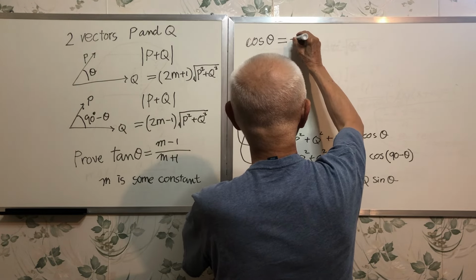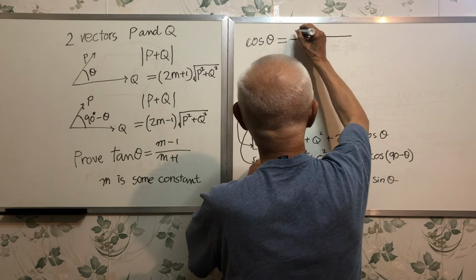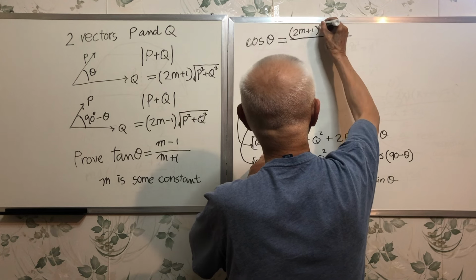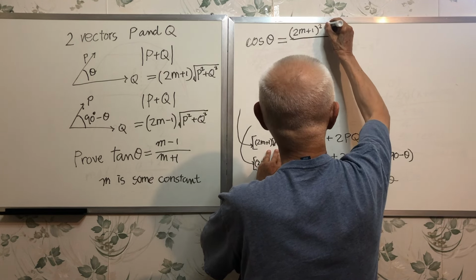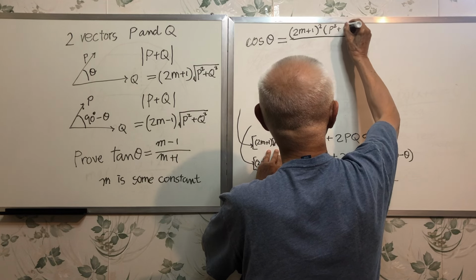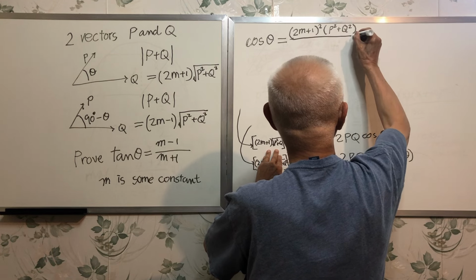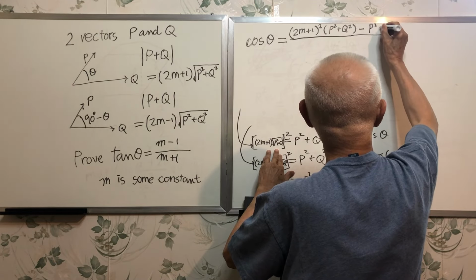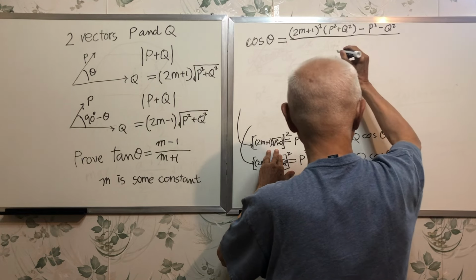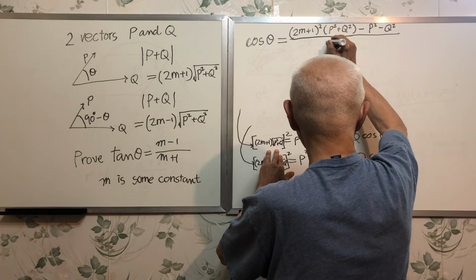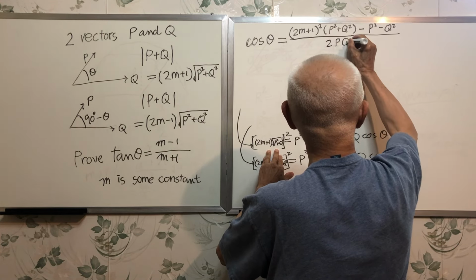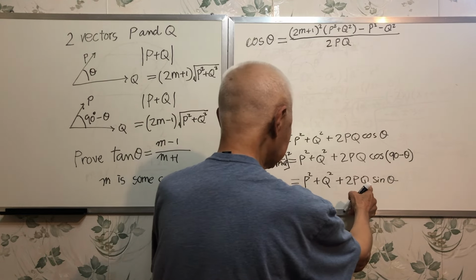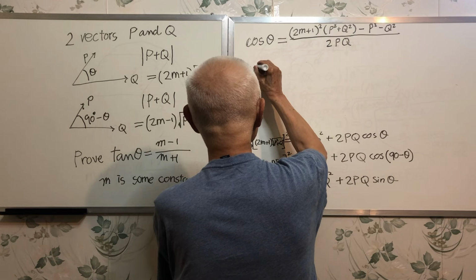So I have cosine theta is this. Similarly, I can have sine theta.